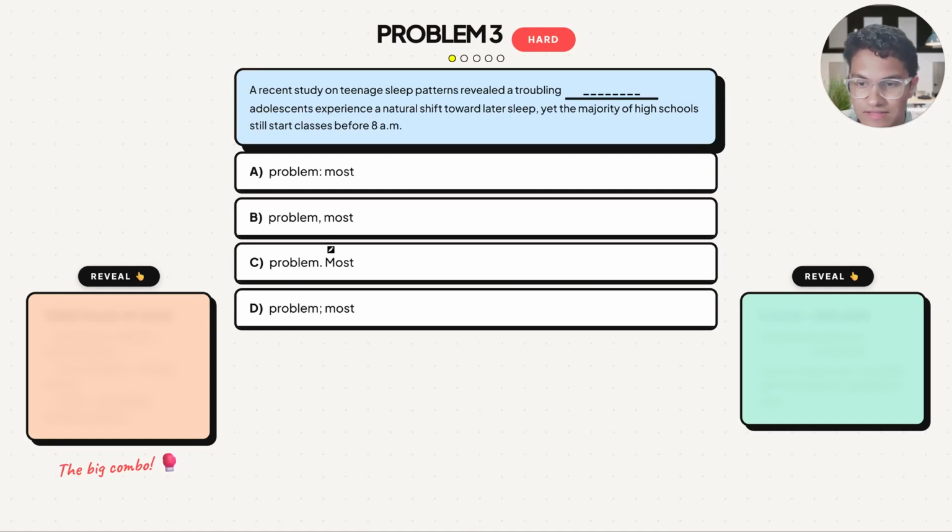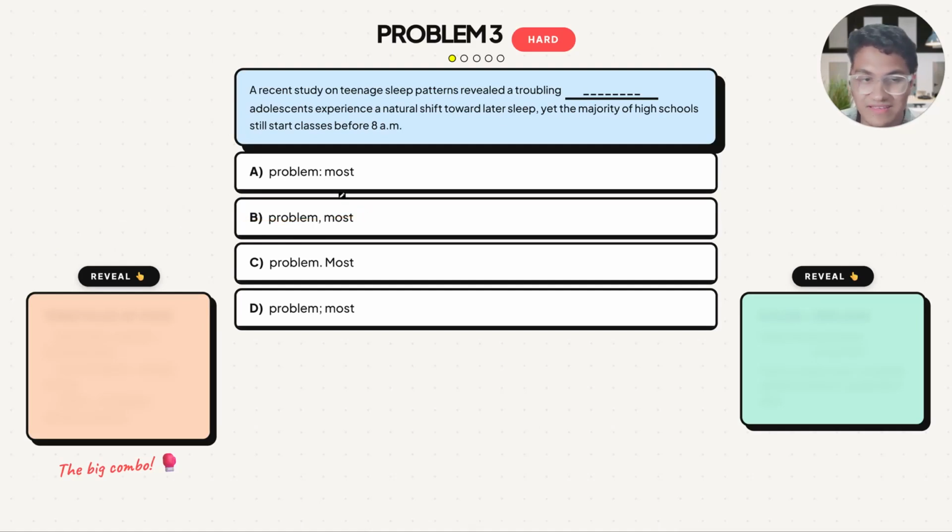Now let's take a look at the second half. Most adolescents experience a natural shift toward later sleep, yet the majority of high schools still start classes before 8 a.m. This too is also a complete sentence, which means that B is wrong. You're going to get a comma splice.